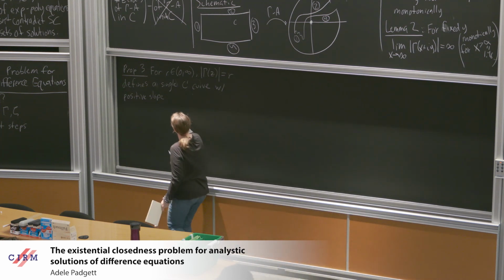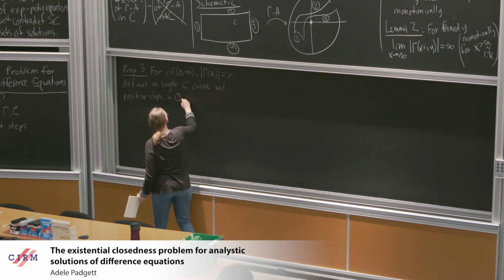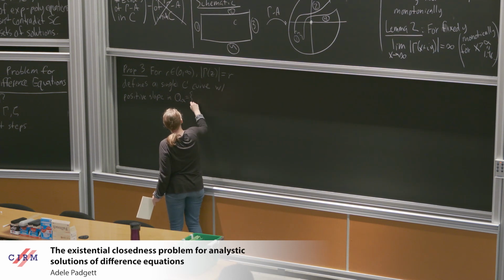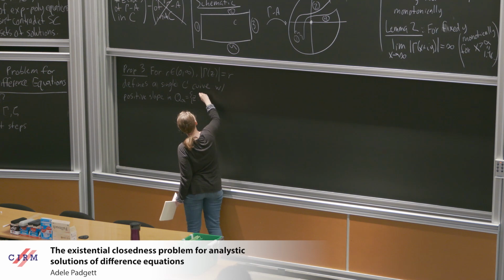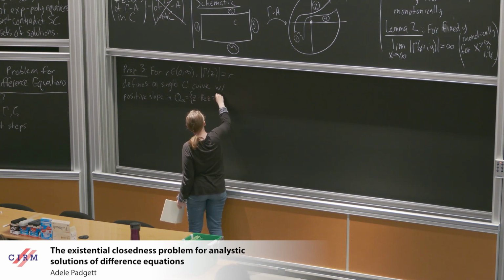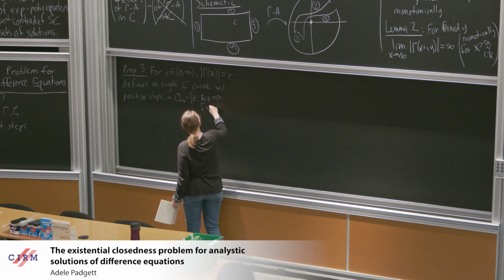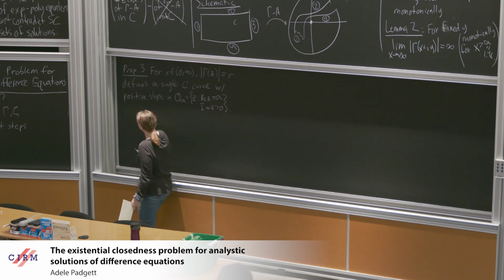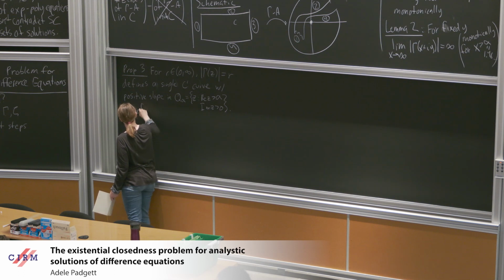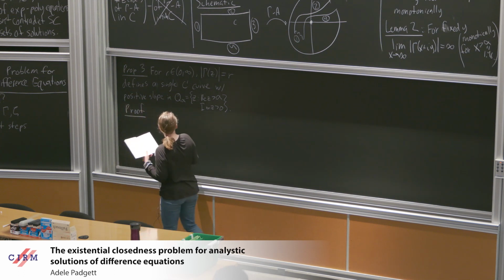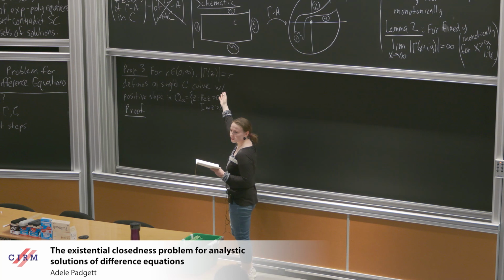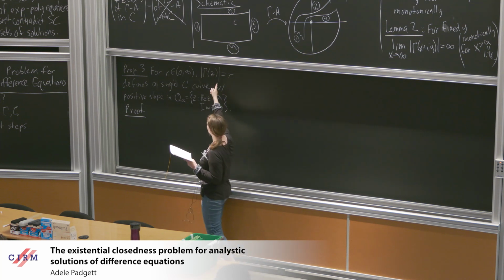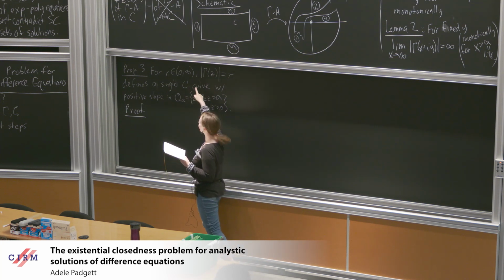I'll write Q for the quadrant alpha, which is the set of z such that the real part of z is greater than alpha, which is about 1.46, and the imaginary part of z is positive. So why is this? I'll just draw a few pictures. First, we're able to use the implicit function theorem to write the imaginary part of z as a function of the real part on these curves.